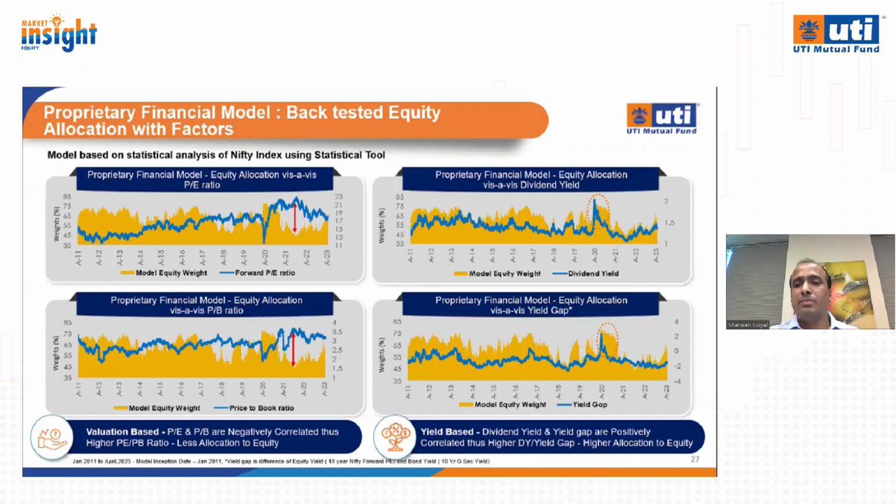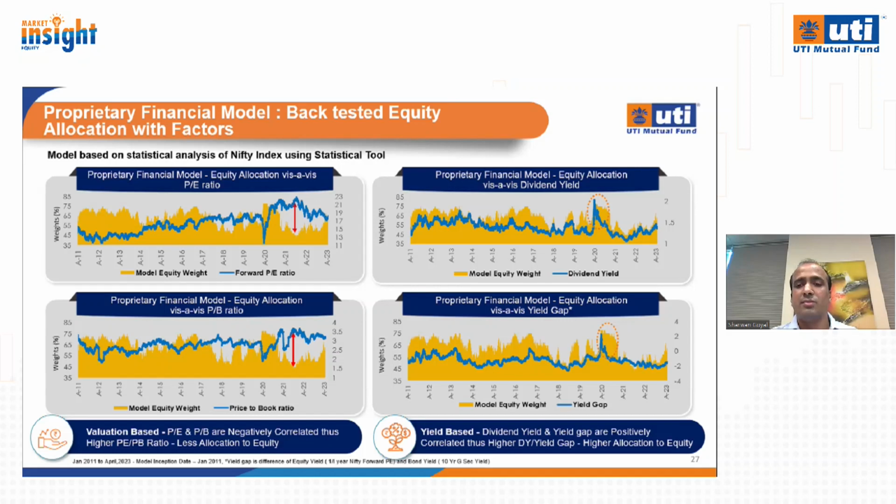These are the four valuation parameters which we are using: P/E ratio, price to book value ratio, dividend yield, and yield gap. As you can see here, we have shown equity allocation vis-a-vis these 4 parameters or factors. The yellow color shows model equity weight or allocation to equity. As you can see, there is an inverse correlation in P/E ratio of Nifty vis-a-vis our equity allocation.